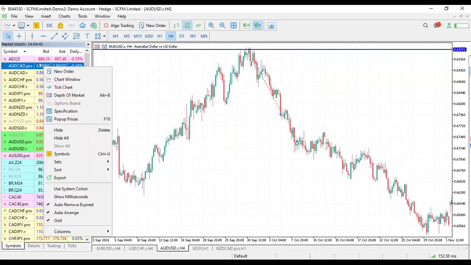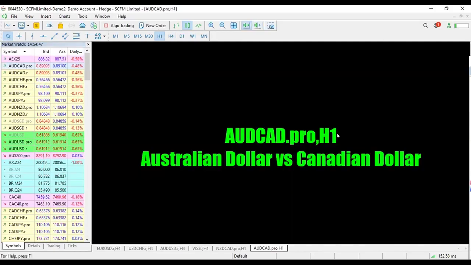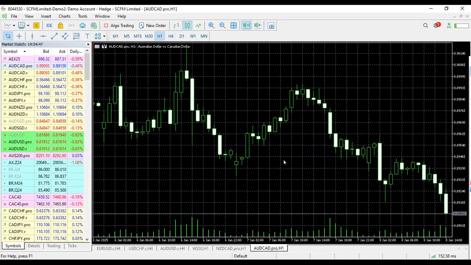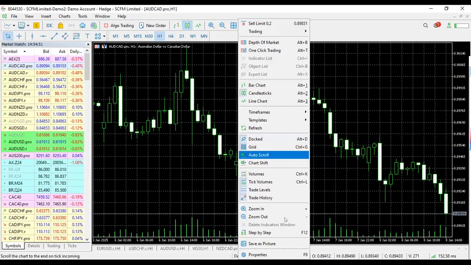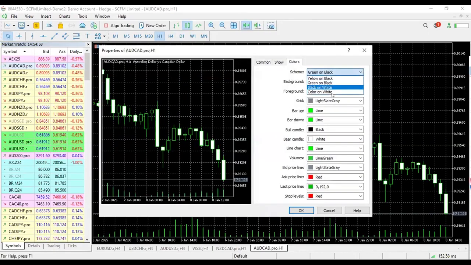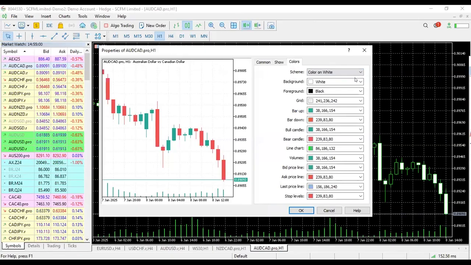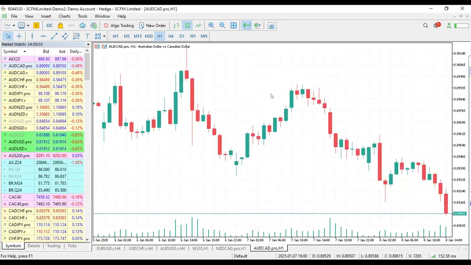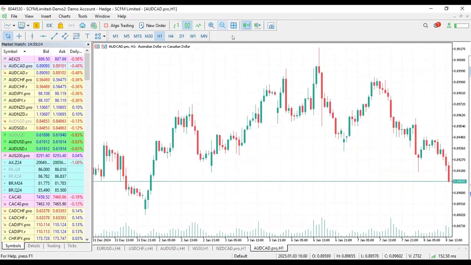As I've said, you right-click to get your chart window right there. Then you go straight to the properties. Under the properties, you change the color to white, then click OK to have a clear chart like that.